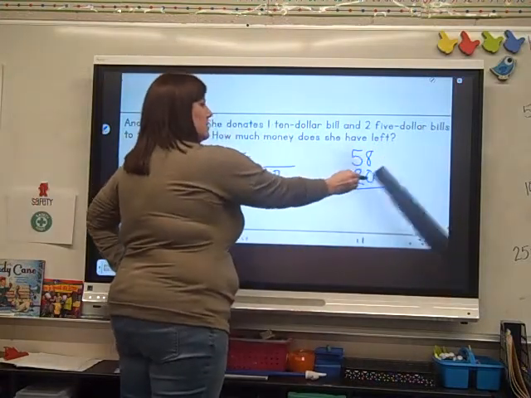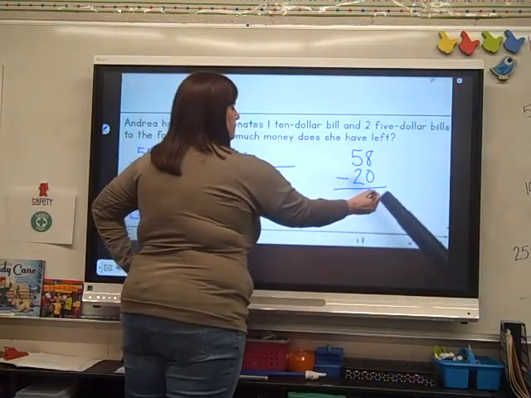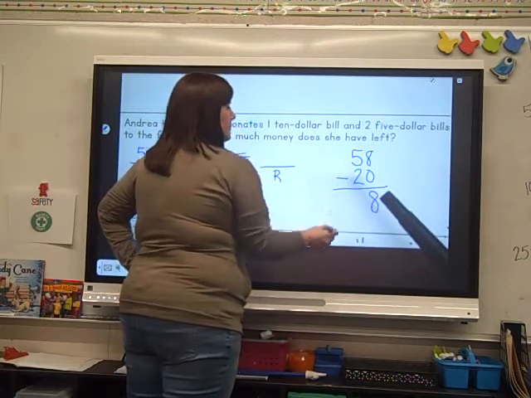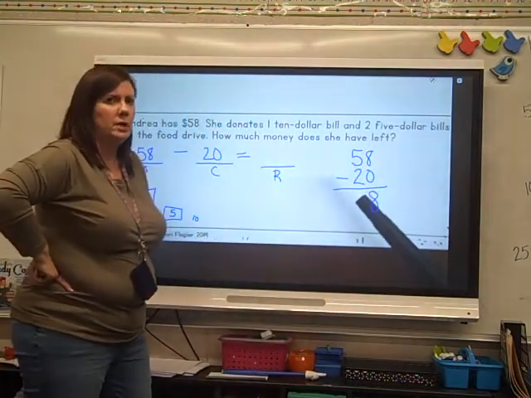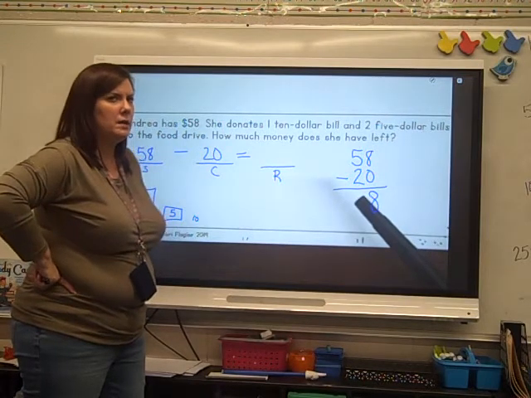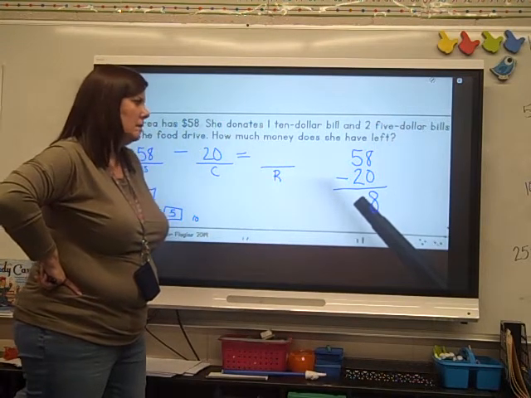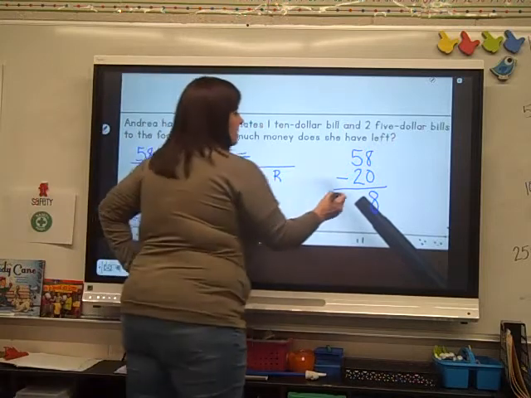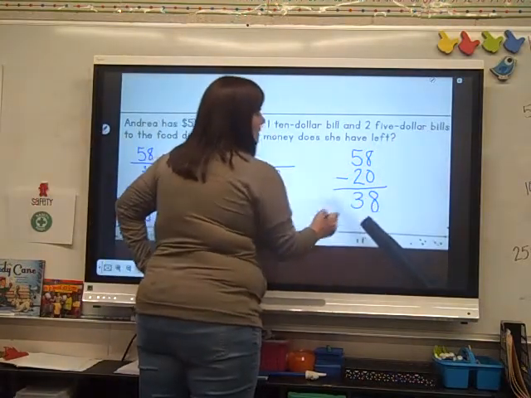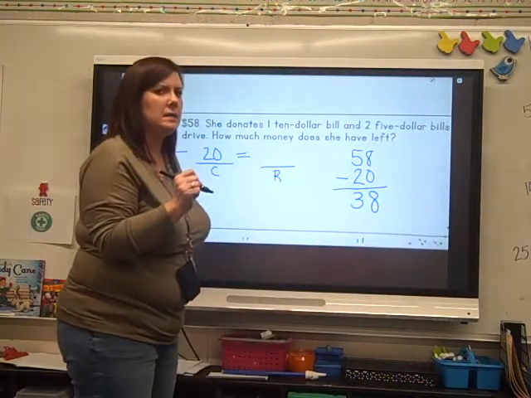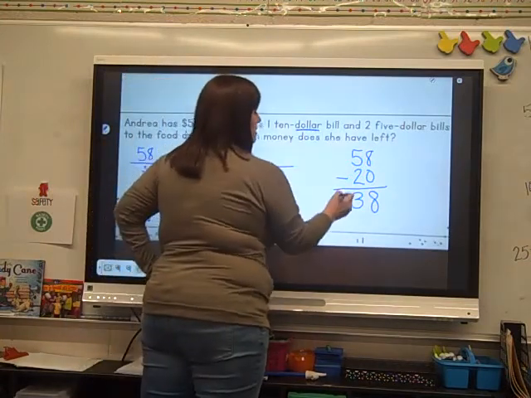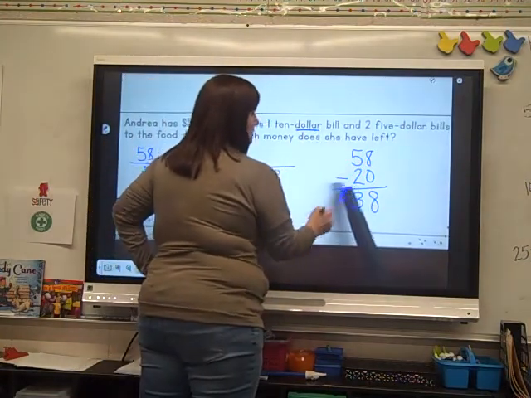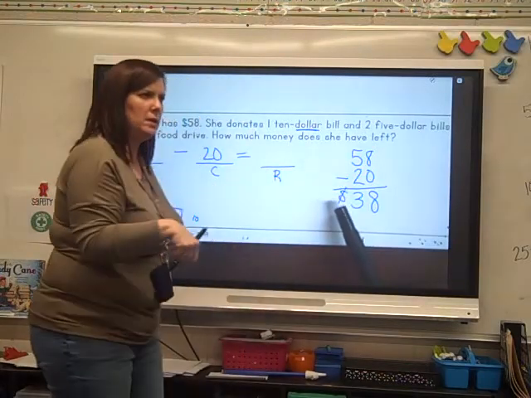So 8 subtract 0 is what? 8. What is 5? Take away 2. Do it on your number line, or some of y'all already know that right off the top of your head. So she has $38. See, dollars. So you got to put your dollar sign. All right, AS with the line down the middle.